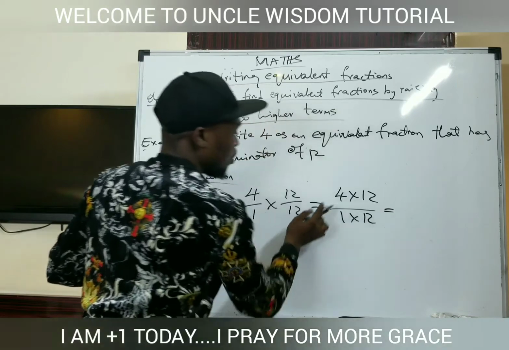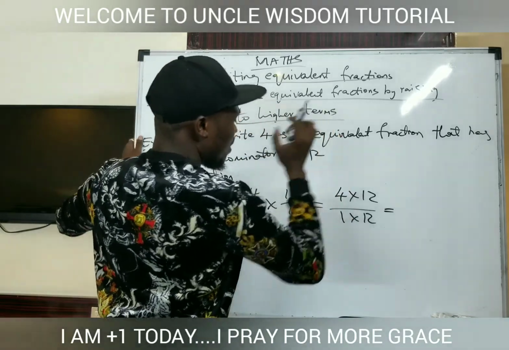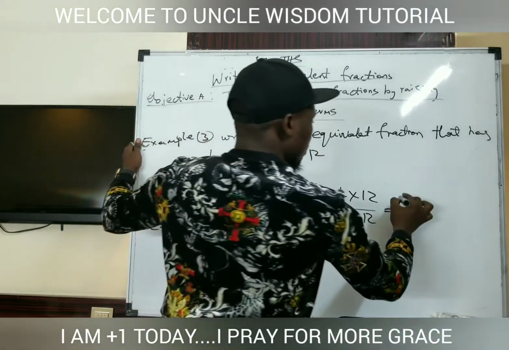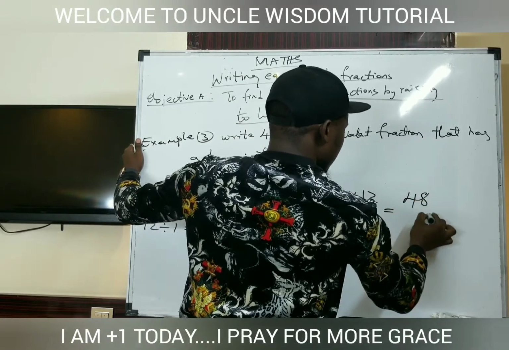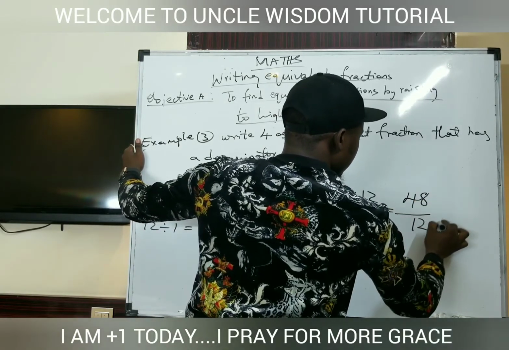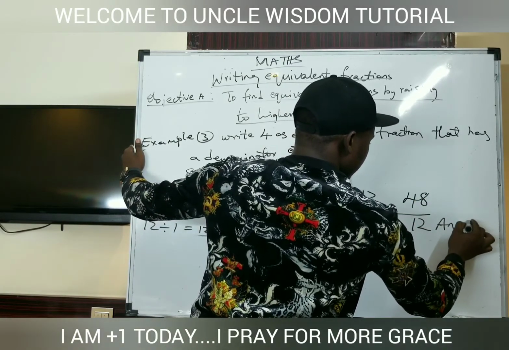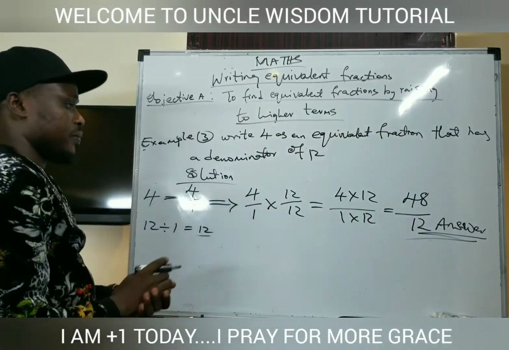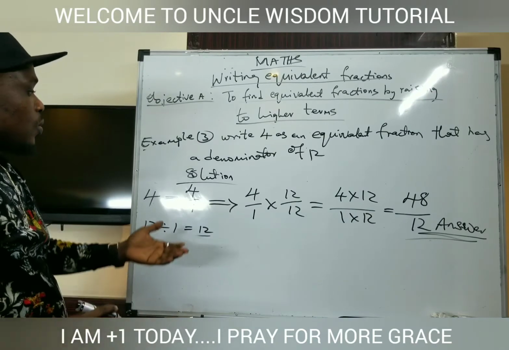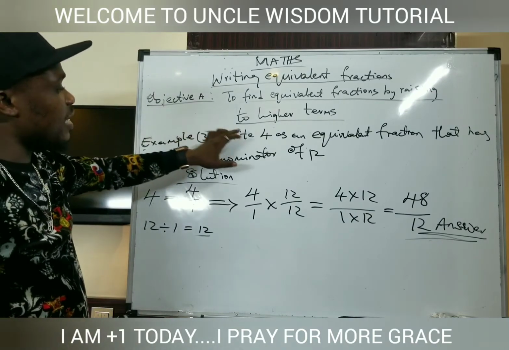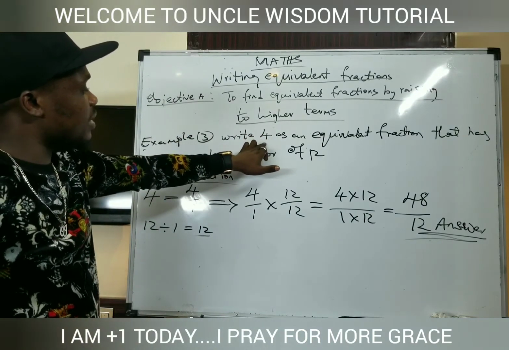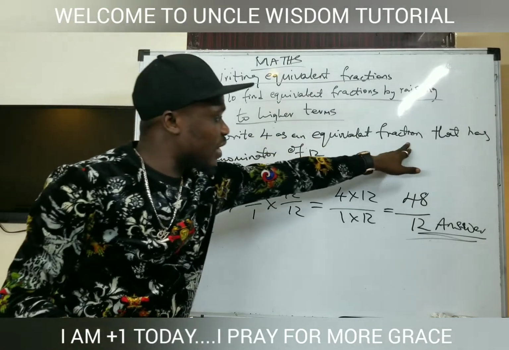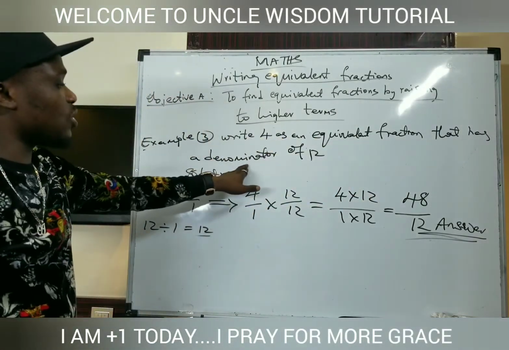That is, 4 multiplied by 12 will give us 48 over 12. This is our answer. So we've finally actualized writing 4 as an equivalent fraction that has a denominator of 12.